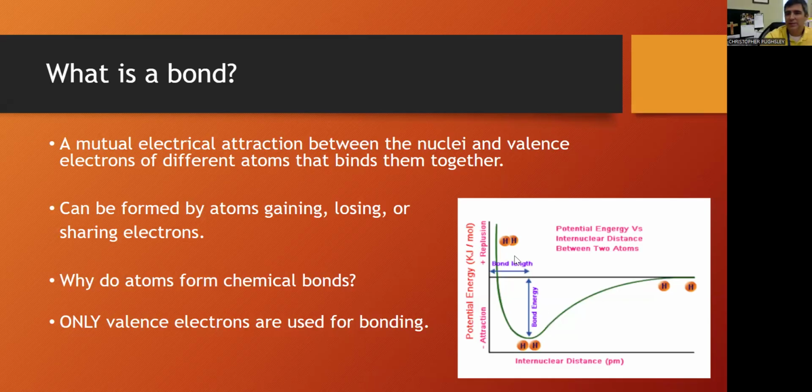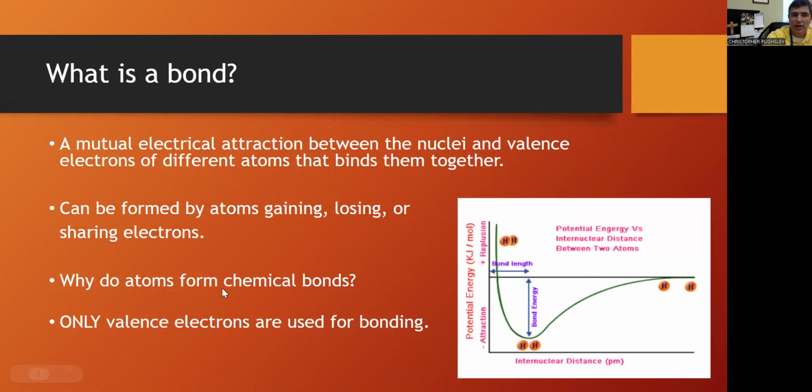So atoms naturally want to, not all of them, but most of them want to bond together, because that's lower energy. That makes them more stable. They don't want to change. Too close is actually forceful here.